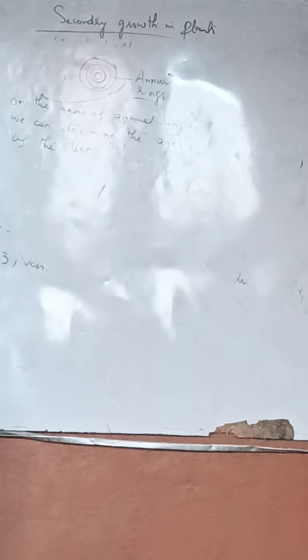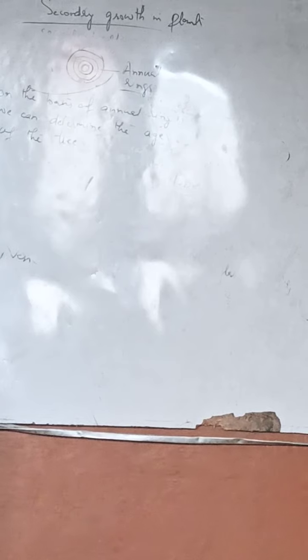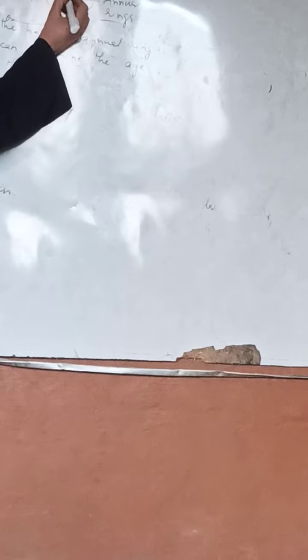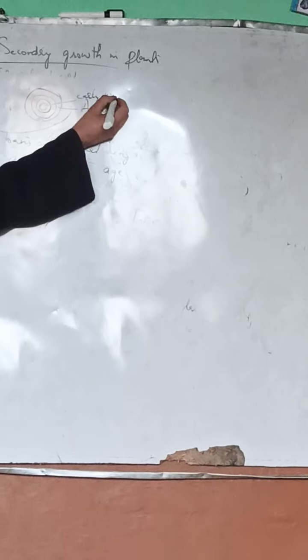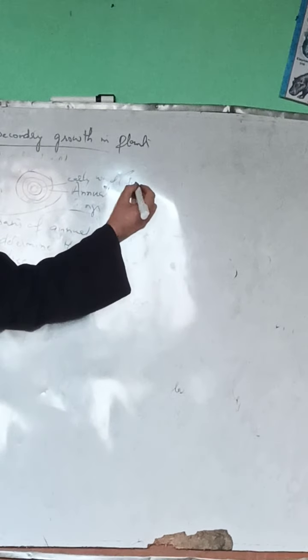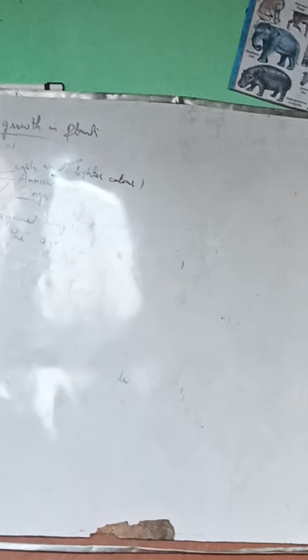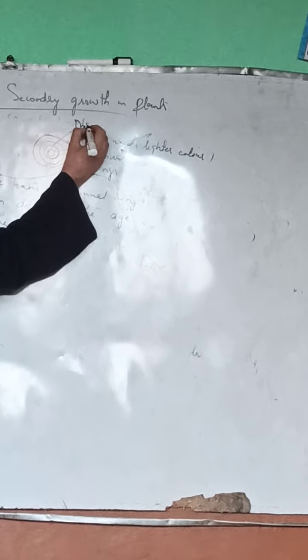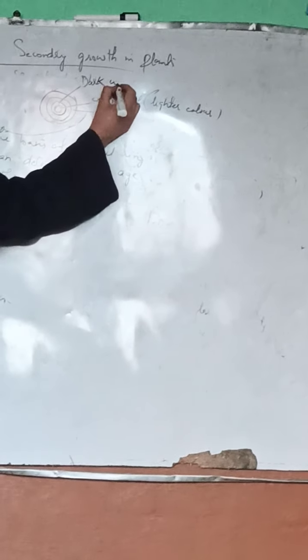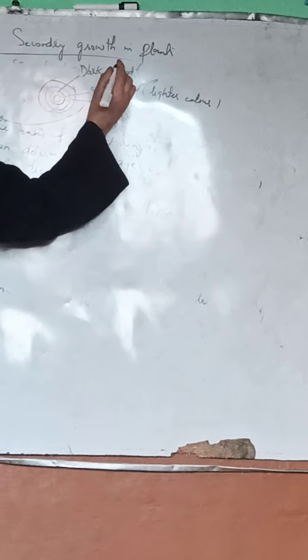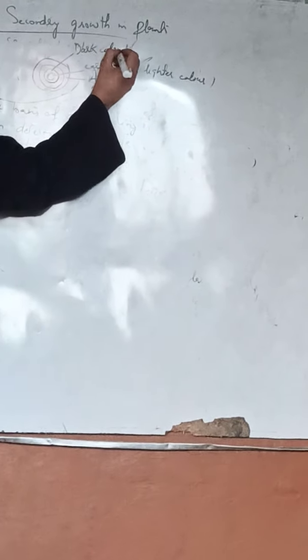In case of early wood, there is low density and it is lighter in color. For example, this is early wood, lighter color, and this is late wood, dark color.